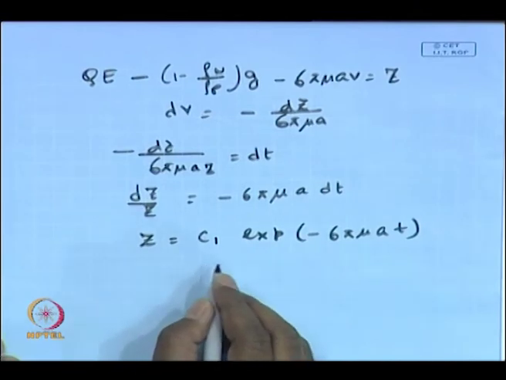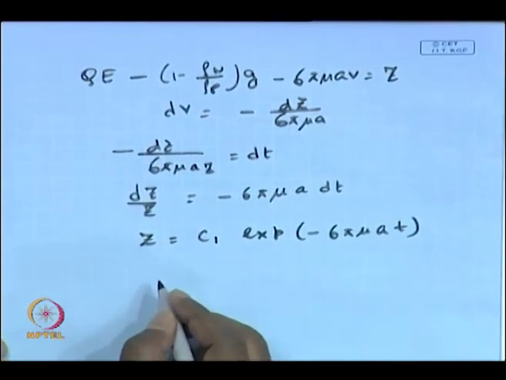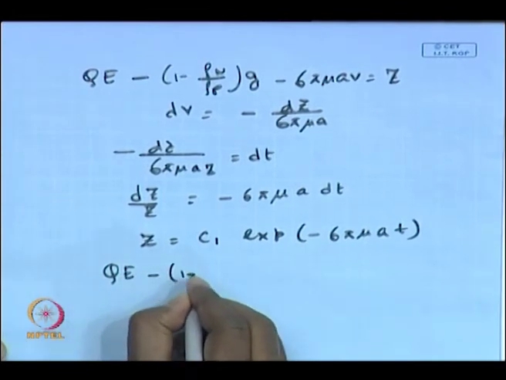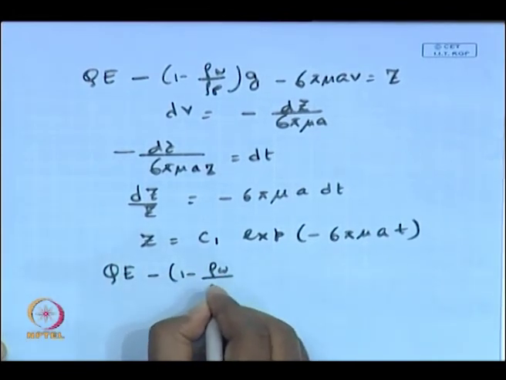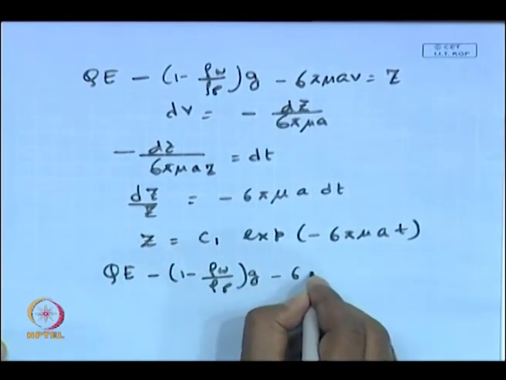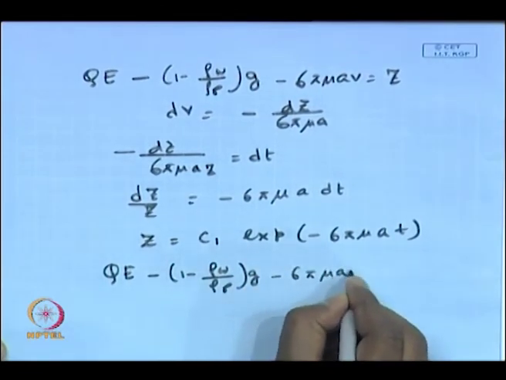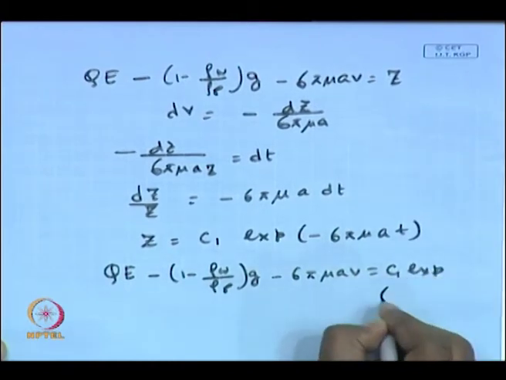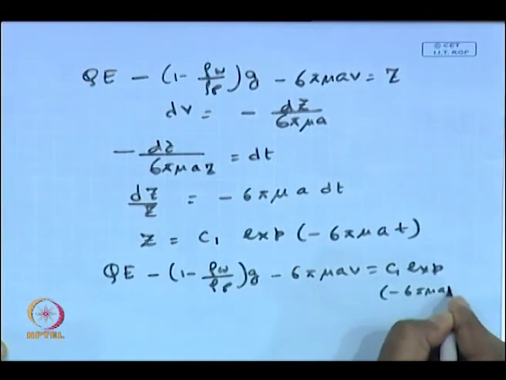Okay. And put the value of expression of z. So, it becomes Q times E minus 1 minus rho w by rho p times g minus 6 pi mu A V is equal to C1 exponential minus 6 pi mu A t.